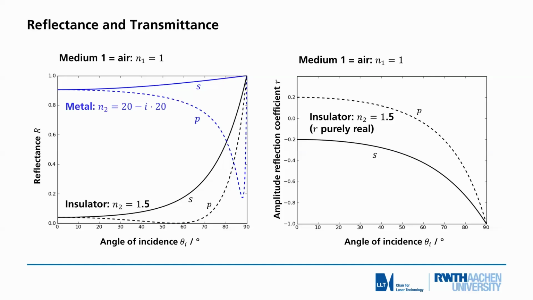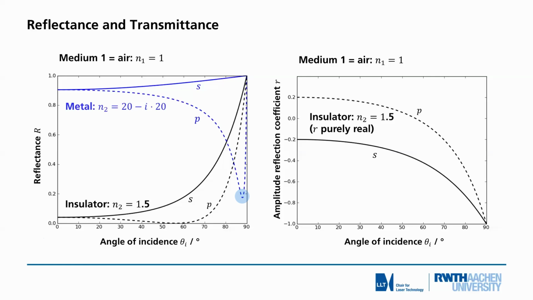In metals, it's a little different. In metals, we don't go really to zero, we go to low values, still a significant effect for the parallel polarized light. And the angle at which this occurs is much higher, 85, 87, 88 degrees, depending on the metal. Now, how does that come about?